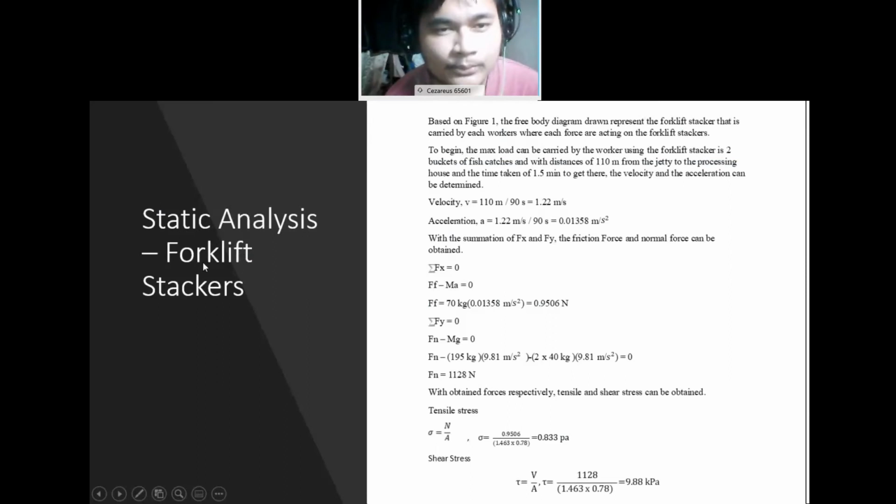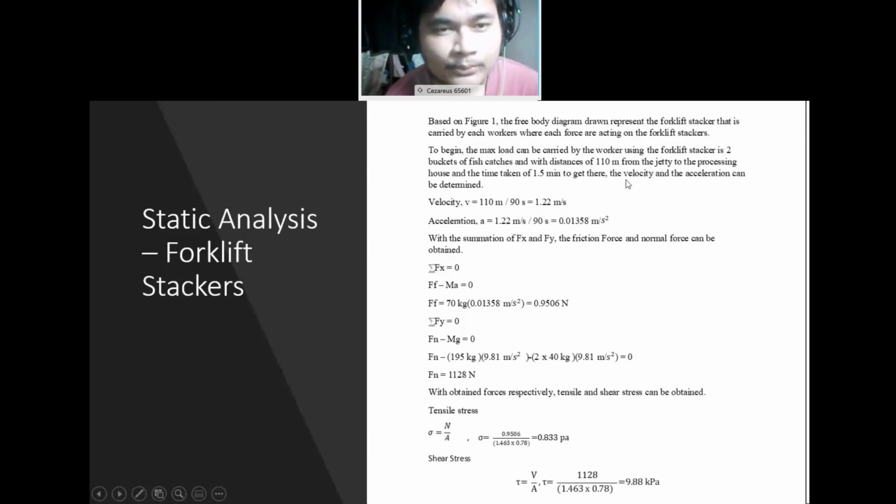So for the static analysis of the forklift stacker, based on figure 1, the free body diagram drawn represents the forklift stacker that is carried by each worker, where each force acts on the forklift stacker. The max load that can be carried by the forklift stacker is 2 buckets of fish catches, with a distance of 110 meters from jetty to processing house, and it should take 1.5 minutes to get there.